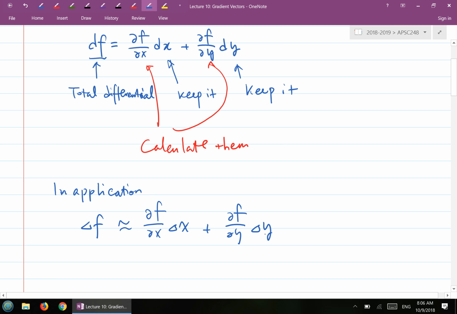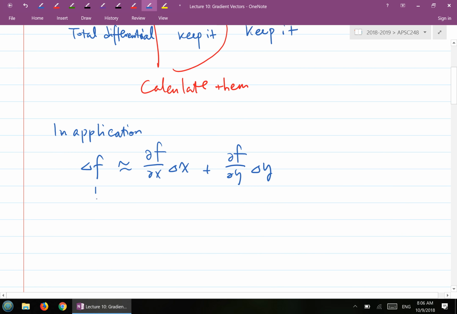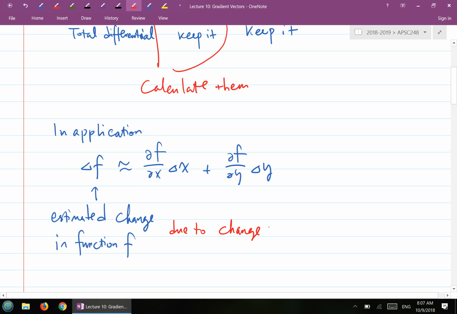So here is the estimated change in function f due to the changes in x and y.